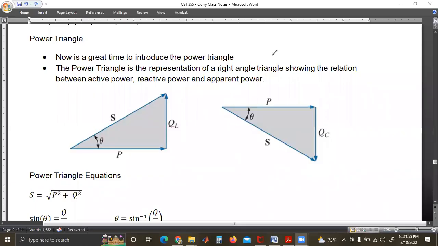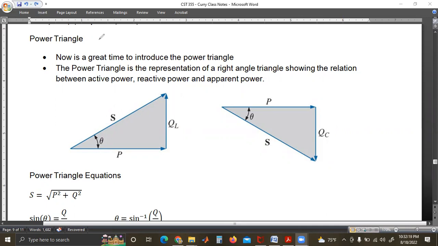All right, so let's take a look at the next section, which is the power triangle. The power triangle is basically a representation of a right triangle showing the relationship between active power, reactive power, and apparent power.